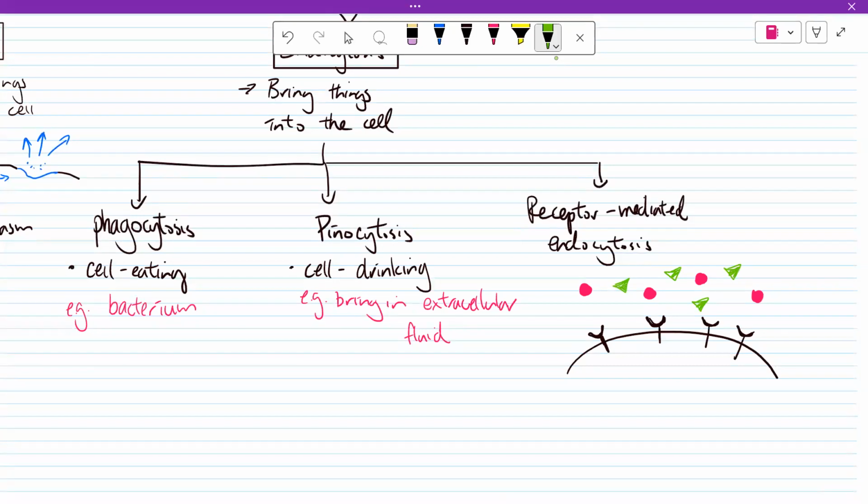So which one are we going to be able to bring in? Only the red ones, right? In order to bring whatever in, it has to match the receptor. You understand?